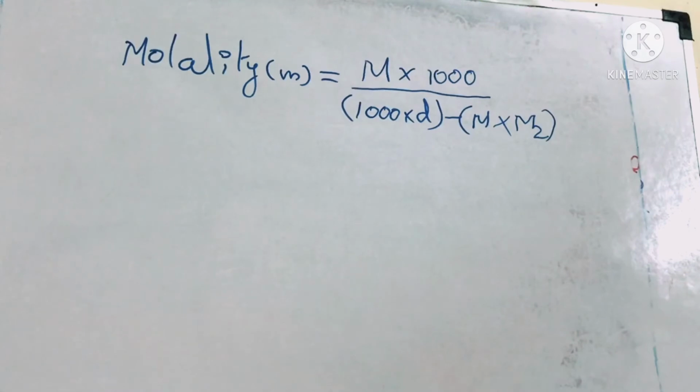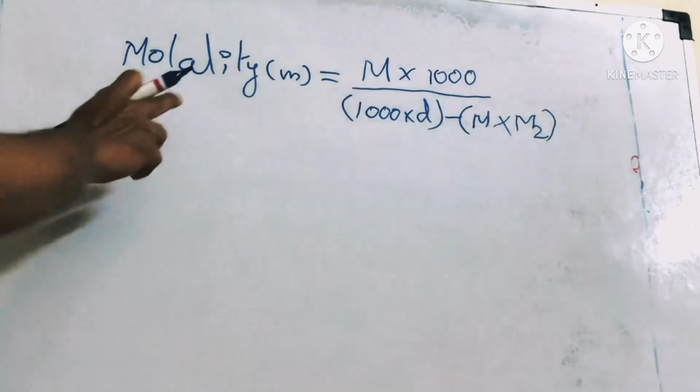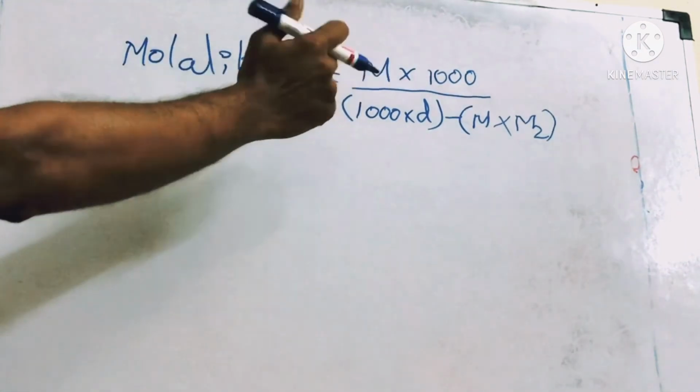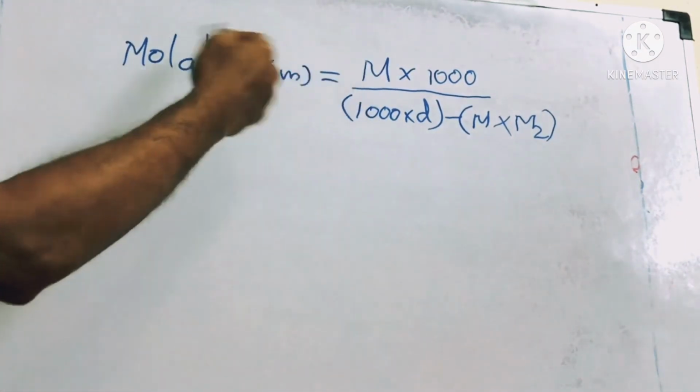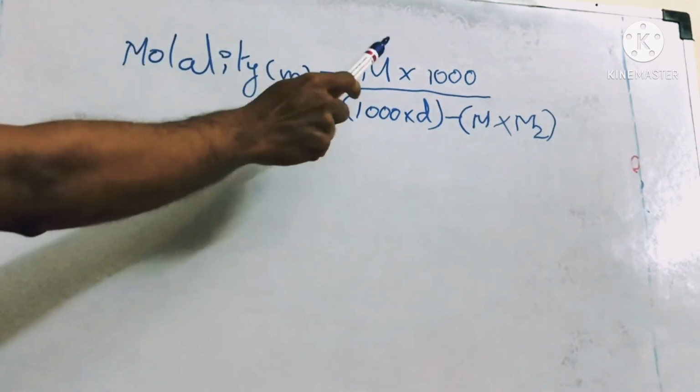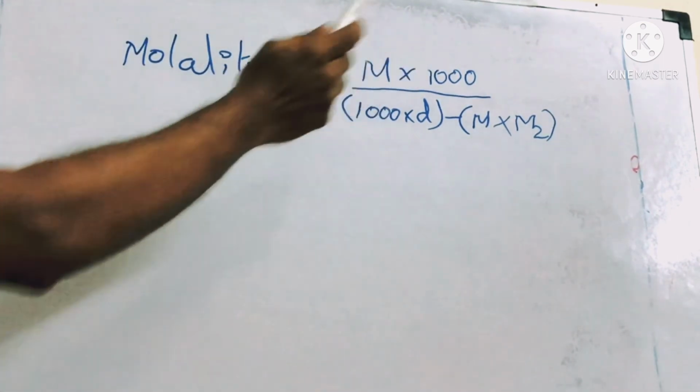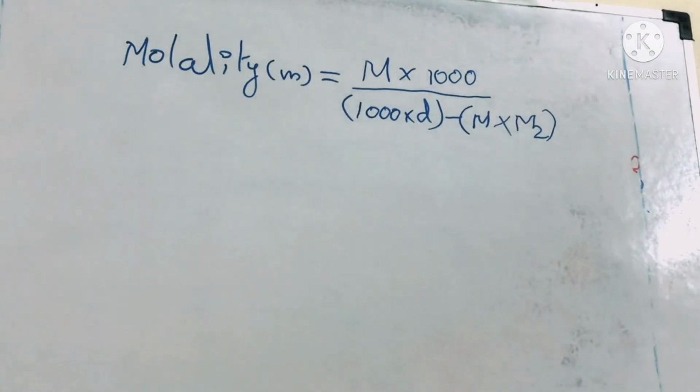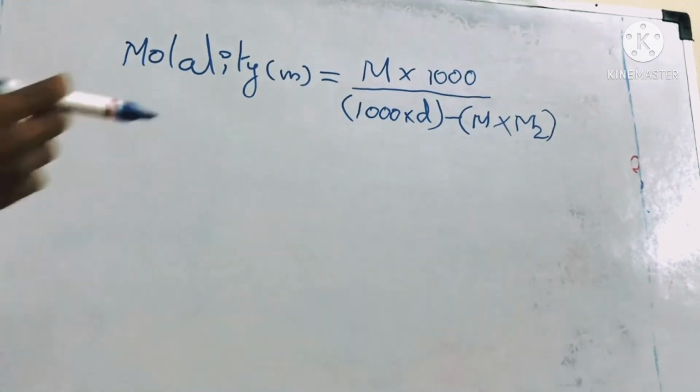So this is the way we can represent this. So molarity can be converted into molality. If they give molarity, you can use this equation and convert into molality. So molarity of the solution into 1000, divided by 1000 multiplied with the density of solution, that is gram per centimeter cube.